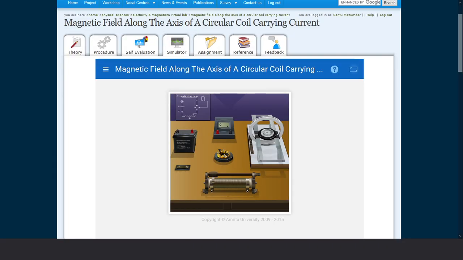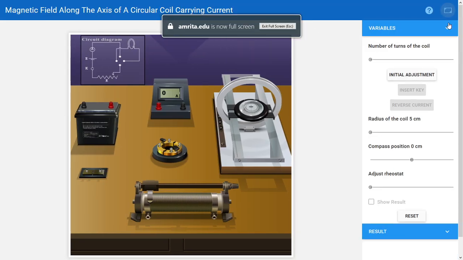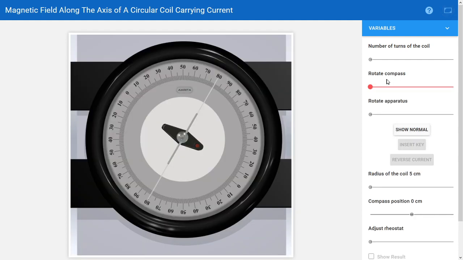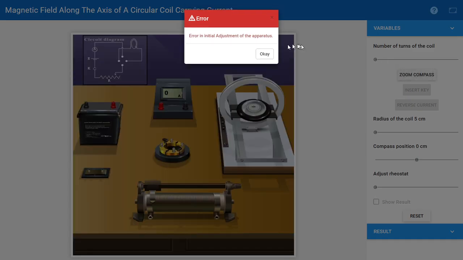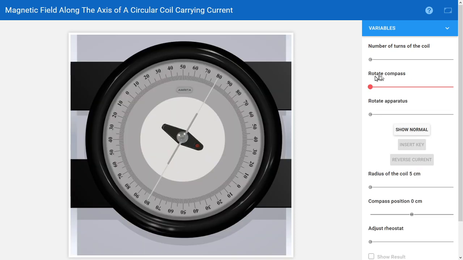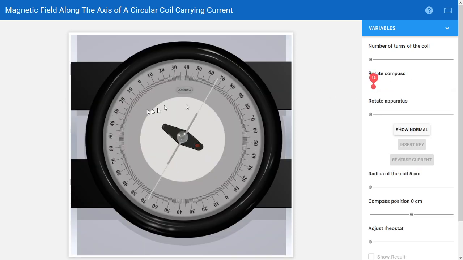In the simulator, after keeping it in full screen mode, we have to go for the initial adjustment. If you don't do the initial adjustment, you can't enable all these things. So let's zoom the compass and rotate it until it comes to 90-90.